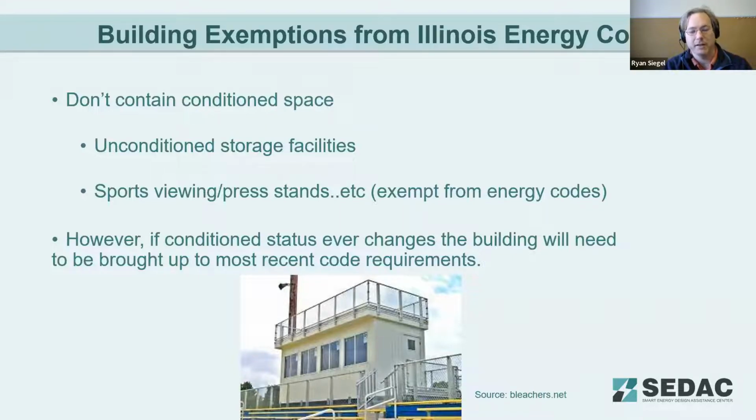Therefore the envelope would have to be brought up to the standard at that time, whatever the standard is at that time. So that is something to be aware of if a building is going to be exempted as not containing conditioned space. If that changes, then the envelope will have to be brought into compliance at that time.